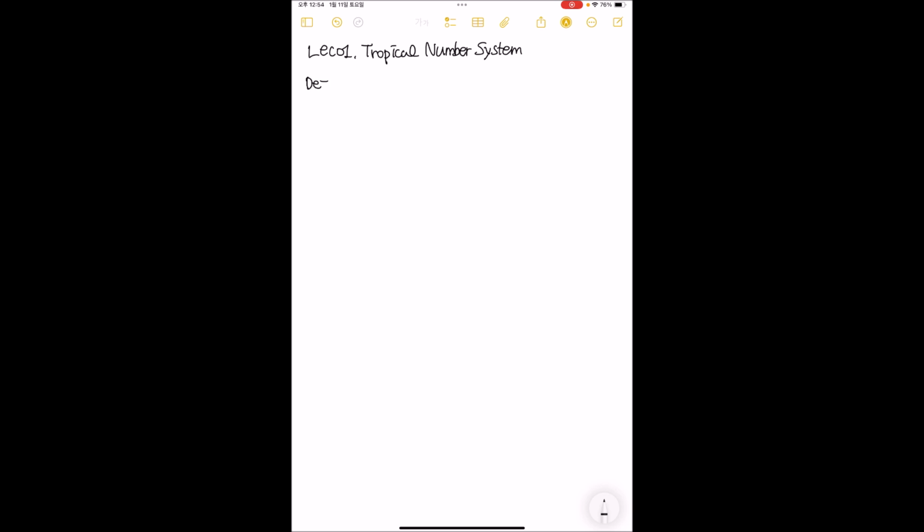So let T be defined by the extended real number valued system, which means R union minus infinity, and define a tropical sum.